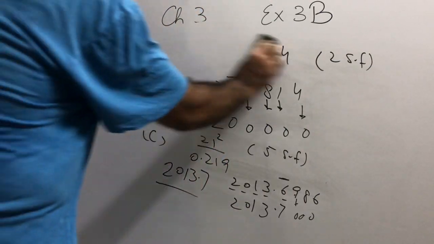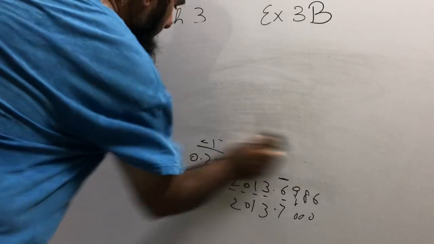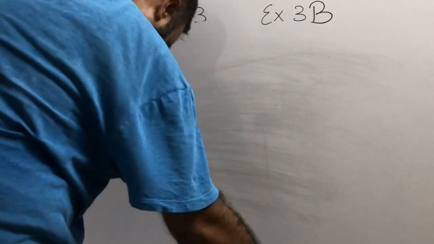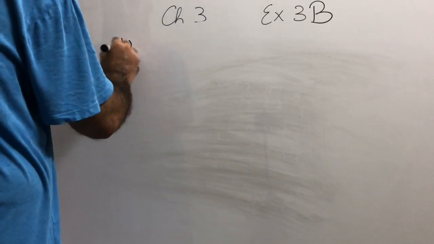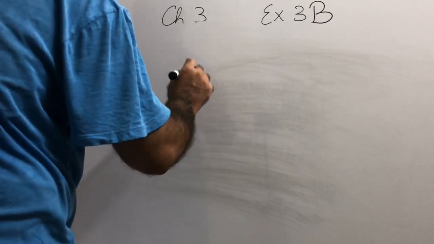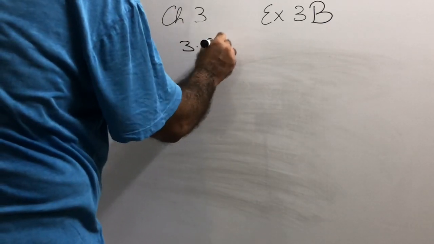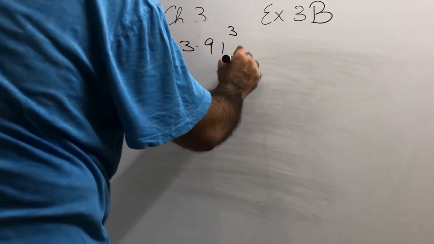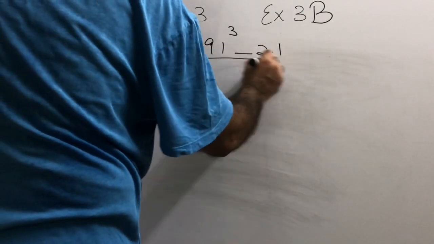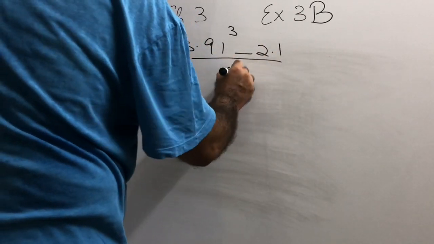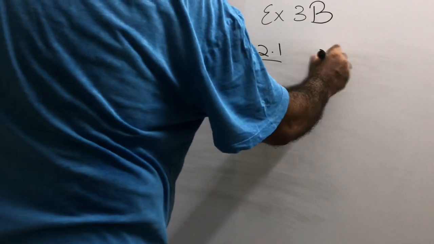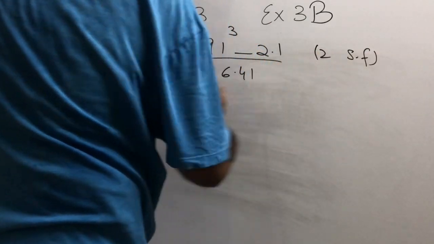Okay, now we talk about part D, which is 3.91 cube minus 2.1 divided by 6.41. We need to round off the answer to two significant figures.